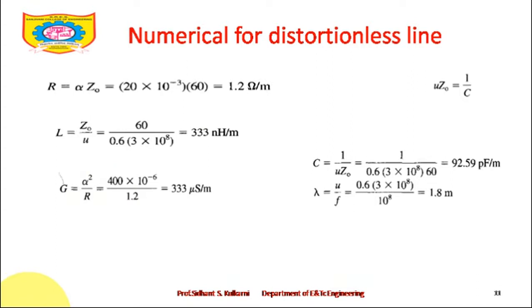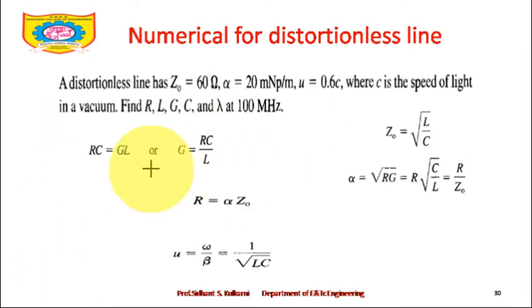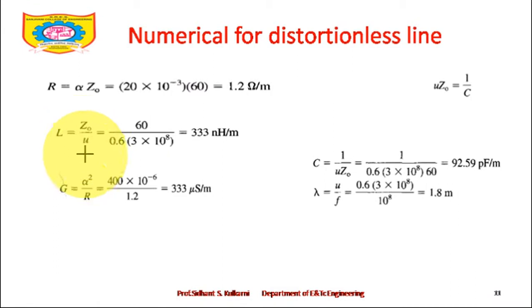Once again, these are not the direct expressions, these expressions I have got just by putting these basic equations and the conditions for the distortionless line. You can just go through it and try to get the values of R, L, G, C. You are good at it, and you just need to make certain simplifications to get to the final conclusion.